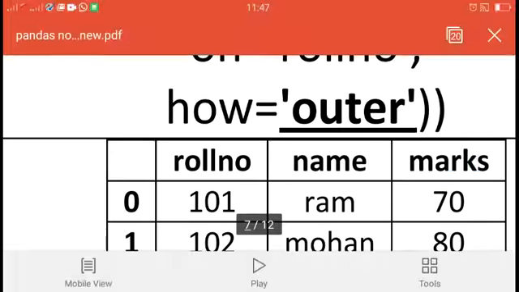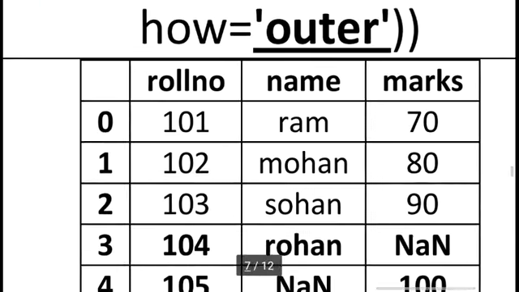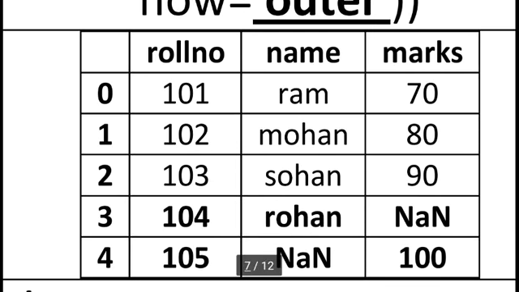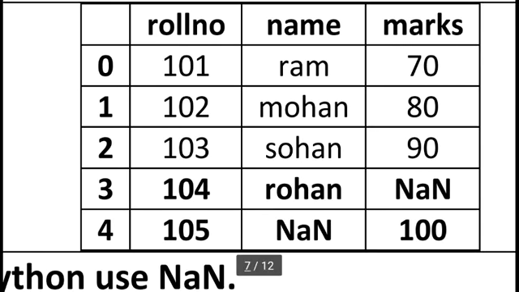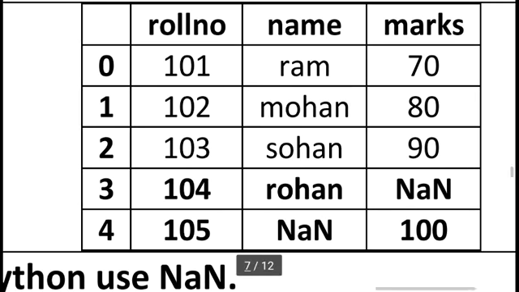So you can see here 101, 102, 103 rows are common, but 104 is available only in the student table, and 104 is not available in our marks table, so it shows NaN. But the last 105 is available in our marks table, but it is not available in our student table, so the name is not available.